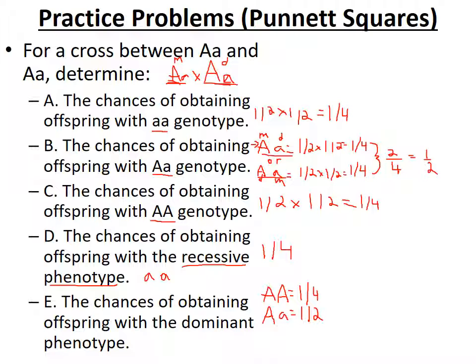So here we're asking about the dominant phenotype, what are the chances of getting that? Well, there are two ways. There's big A, big A, or big A, little a. So we have to use our addition rule here. A quarter plus half. That's 2 quarters.